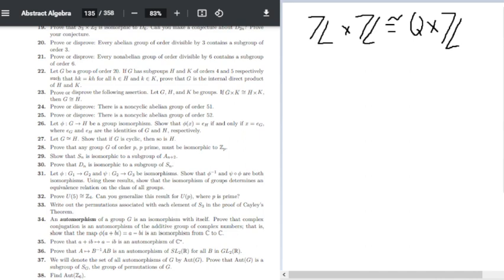Time out. So, let me just Google this: if G times K is isomorphic to H times K, is G isomorphic to H?